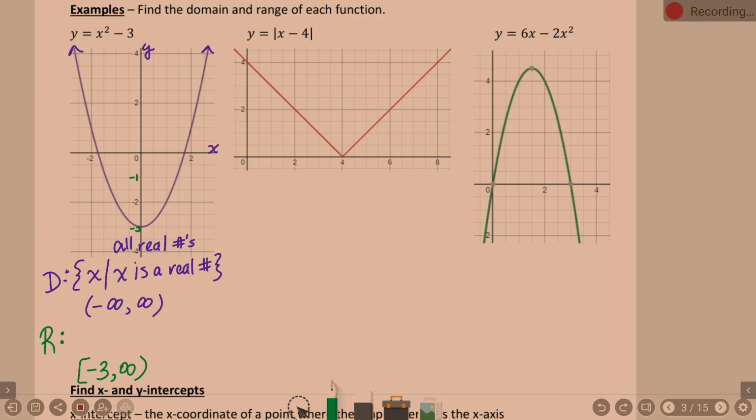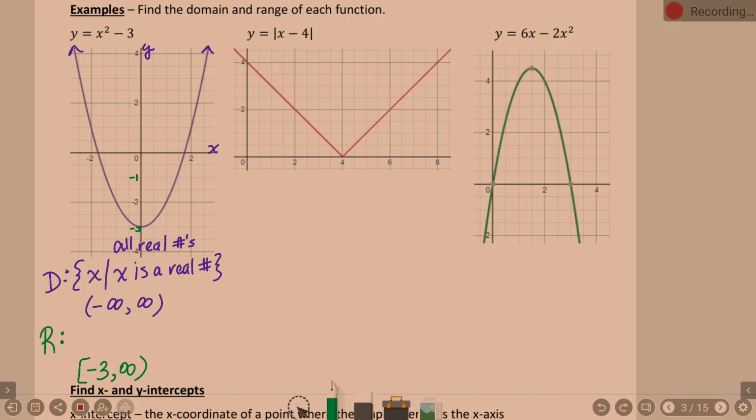Less than or greater than? If we start at -3, the rest of the graph goes up from it. -3 was the lowest y value, so this is going to be y values that are greater than -3. Could they be equal to -3? Did my point touch -3? Yes. Okay, I'm going to use the fancy set notation.